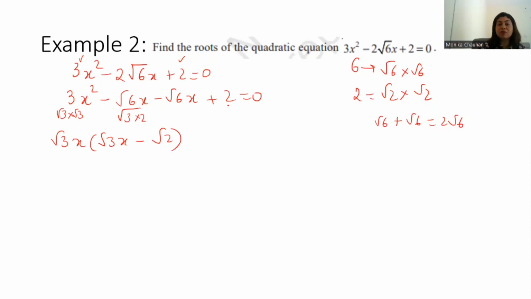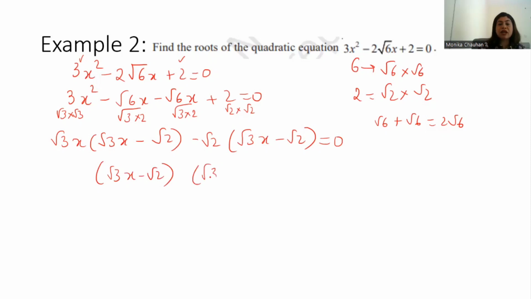Now, what is common between both? Again, you can write this as root 2 into root 2, and you can write this as root 3 into root 2. So what is common between both? Minus root 2. So what will come? Root 3x minus root 2. So again, you will find root 3x minus root 2 and root 3x minus root 2.